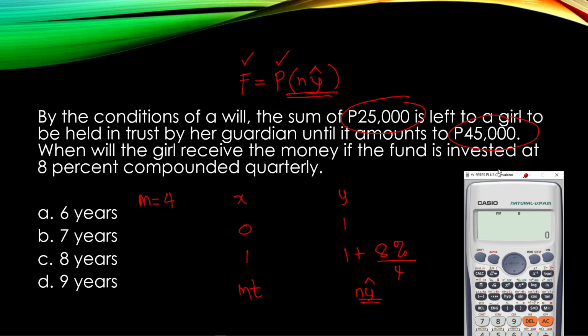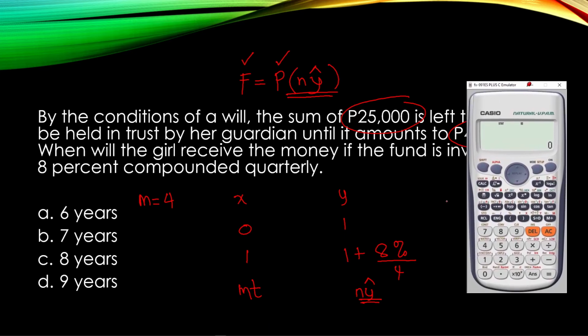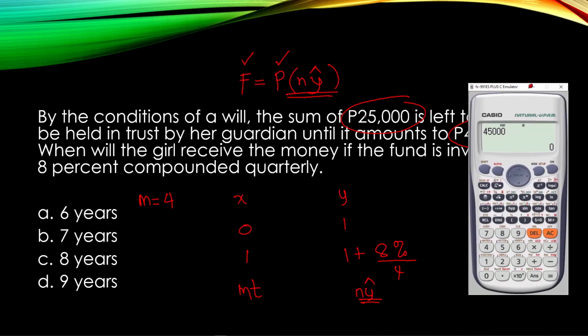Okay, so probably, kunin muna natin yung NY hat natin, no? So NY hat is 45,000 divided by 25,000. Okay. So we have 1.8. So yun yung NY hat natin, yung 1.8.